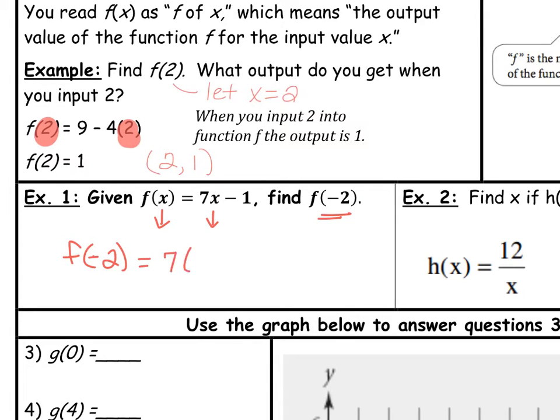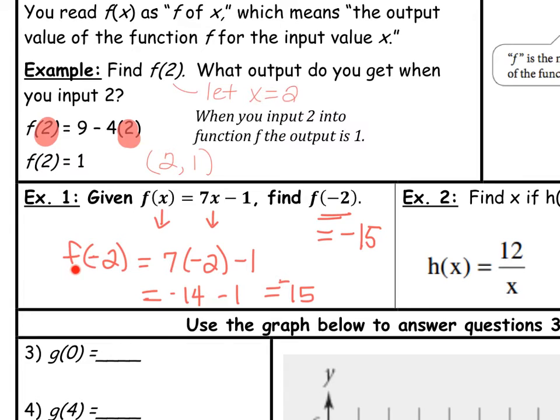That's 7 times negative 2 minus 1, which is negative 14 minus 1, which equals negative 15. So f of negative 2 equals negative 15. We're just taking out x and plugging in negative 2.